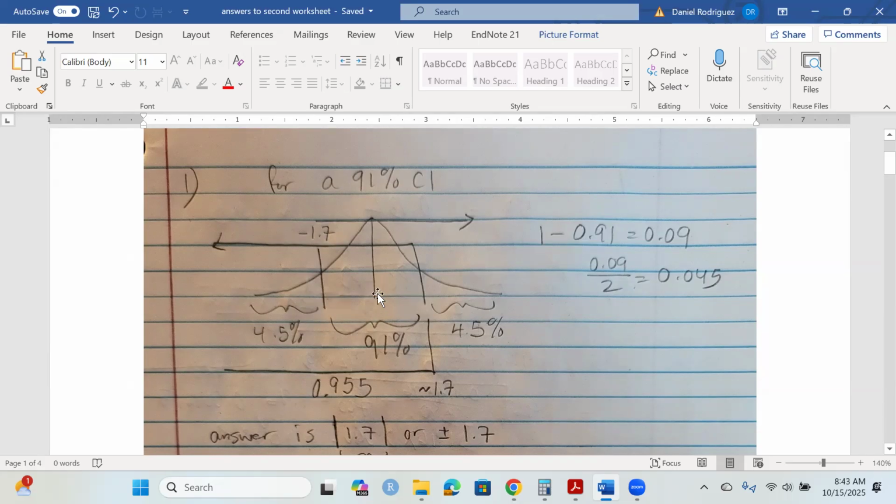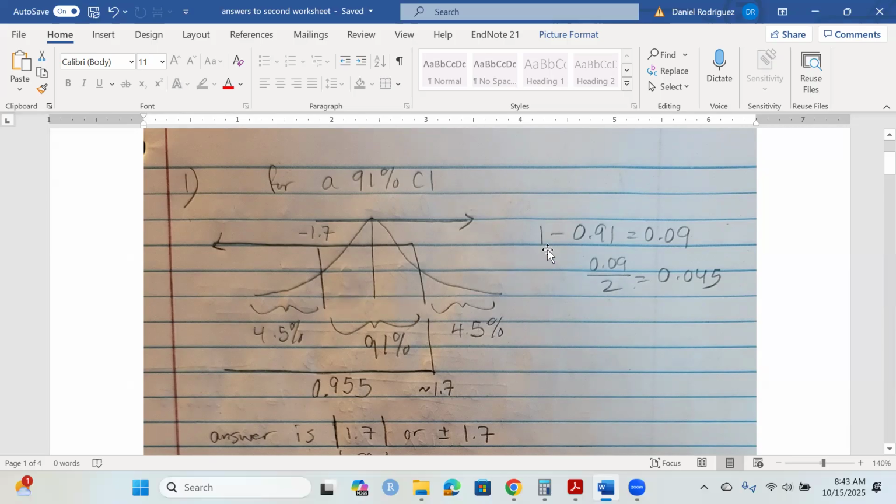So if we look at this distribution here, we're 91% confident that the true population value is between somewhere and somewhere, right? Between these two different points. So that's the interval. Due to symmetry, because this distribution is symmetrical, it's going to be equally spaced from the population mean to the left and to the right.